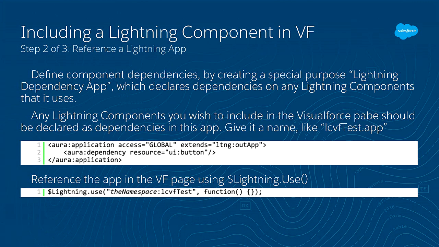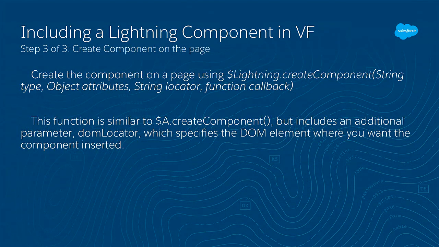So this is the step where you create the dependency app and reference it using $Lightning.use. This is a function that you use inside the Visualforce page. And once you do that, the next step is to include the component, and that is done through $Lightning.createComponent, and there's that function right there.